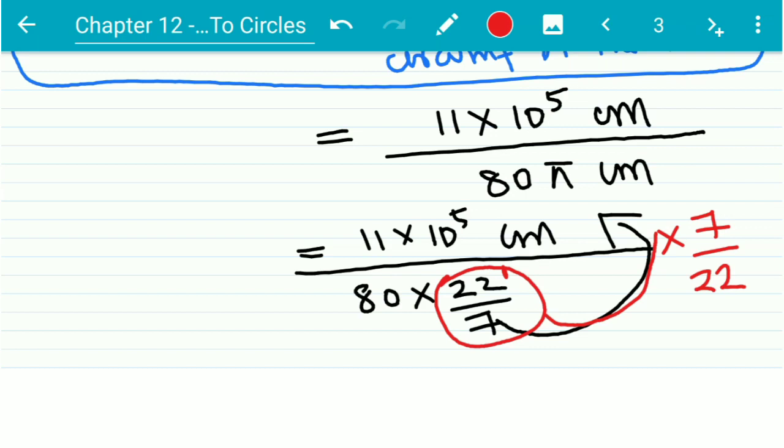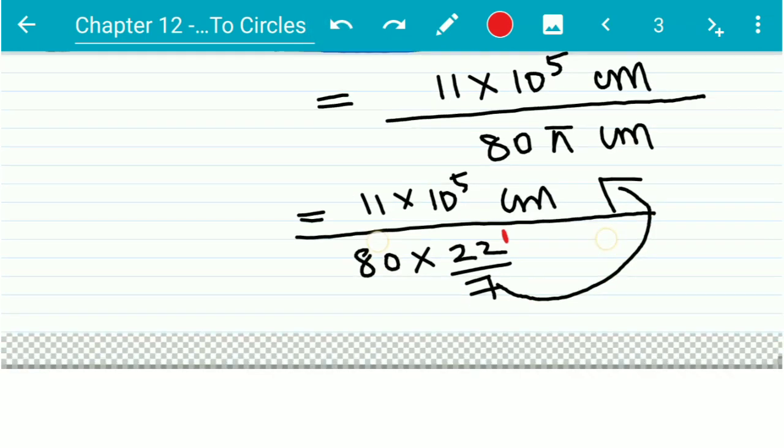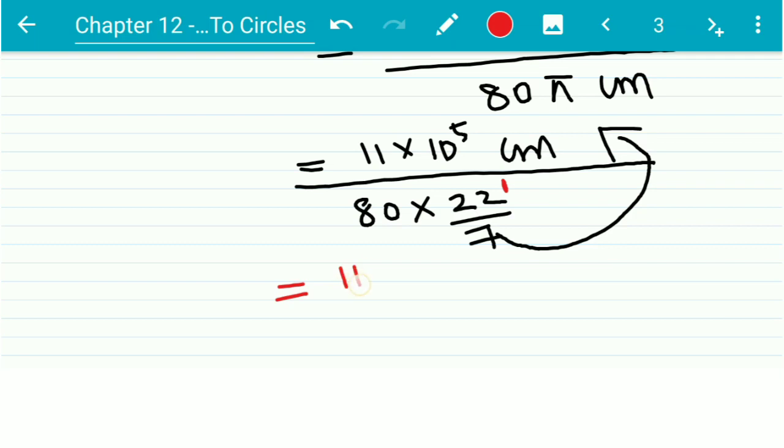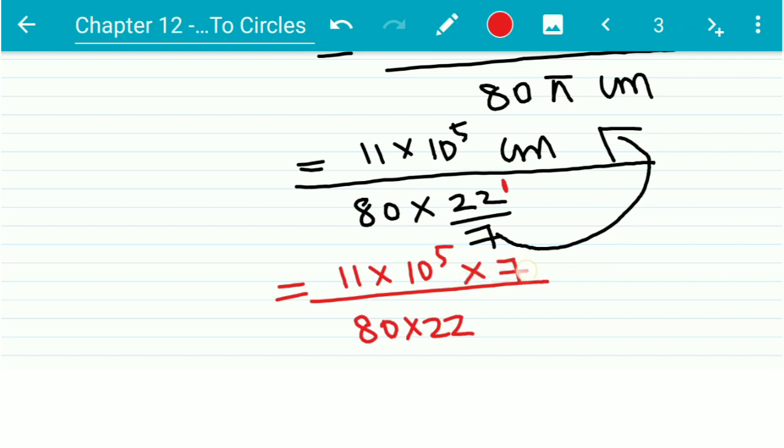Anyways, the 7 will go up, right? So that's why the 7 will go up in the next step, and you can write 11 into 10 raised to 5 divided by 80 into 22. 7 went up. See, 11 into 10 raised to 5 into 7 divided by 80 into 22.